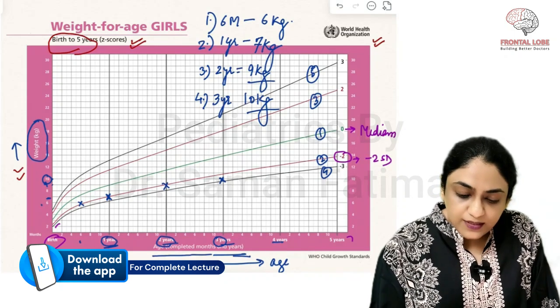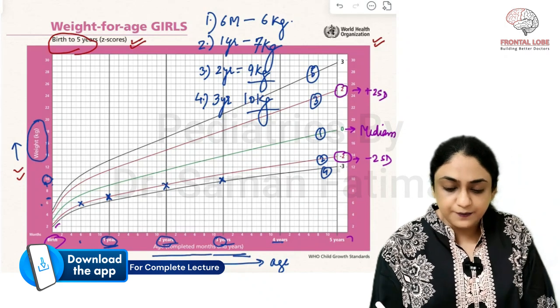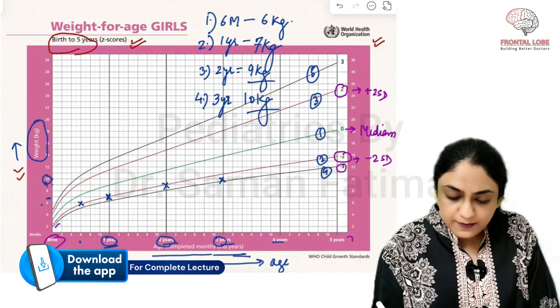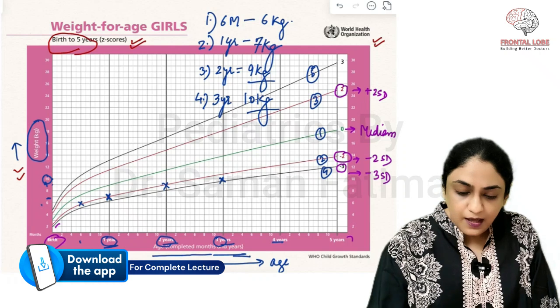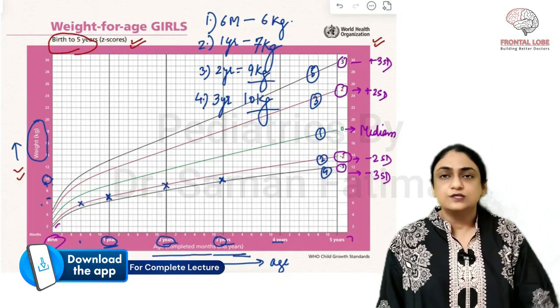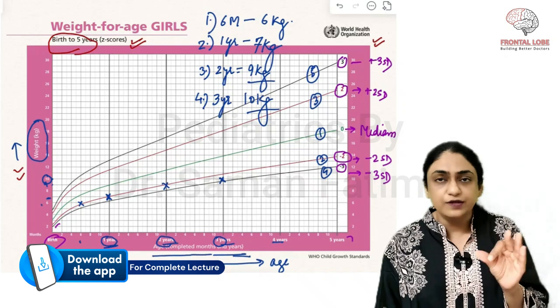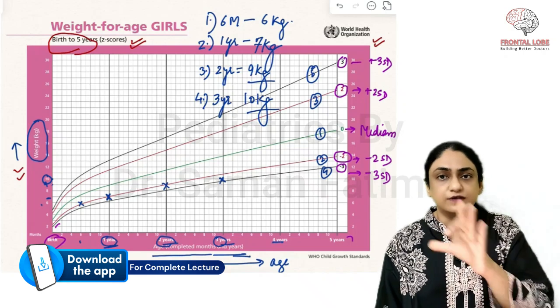Right? What does the upper red depict? It depicts +2 standard deviation. The lower black depicts -3 standard deviation, and the upper black depicts +3 standard deviation. So we have already this graph with 5 standard growth curves.